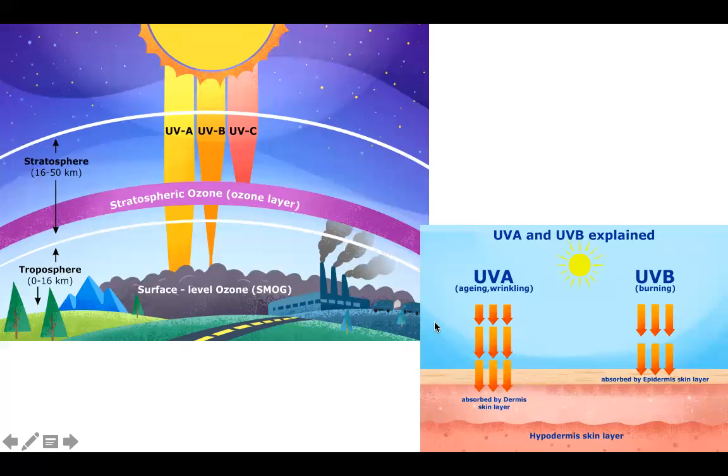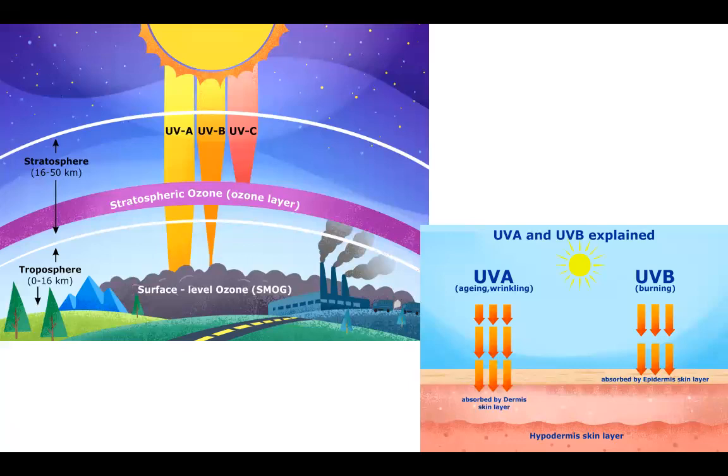On the right-hand side here, we can see that UVA is responsible for aging and for wrinkling, because it gets absorbed by the dermis, which is the lower skin layers of our skin. That is why it's responsible for aging and wrinkling. But UVB is when we experience a sunburn.